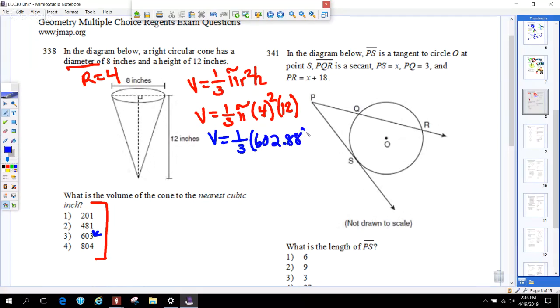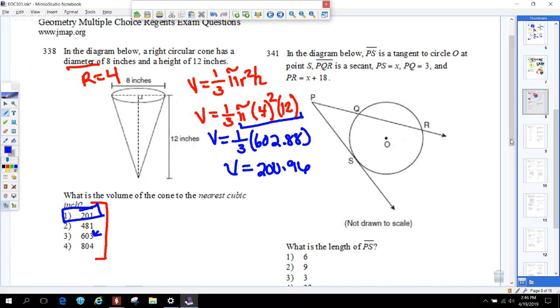So now that I've multiplied this out to get 602.88, I have to divide by 3, and that gives me, actually I'm solving for, oh yeah, I'm solving for the volume. That gives me 200.96, which clearly will be choice.